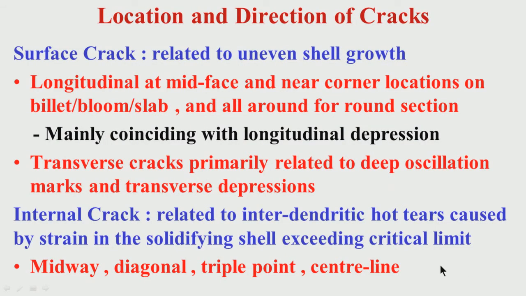If the superheat is more, what is going to happen? If the superheat is more, the columnar zone extends almost towards the center portion of the casting. If the superheat is less, there will be an equiaxed zone in the central region of the casting. That means the area of the cast which solidifies last normally should have an equiaxed zone if the superheat is less, say about 10 or 20.